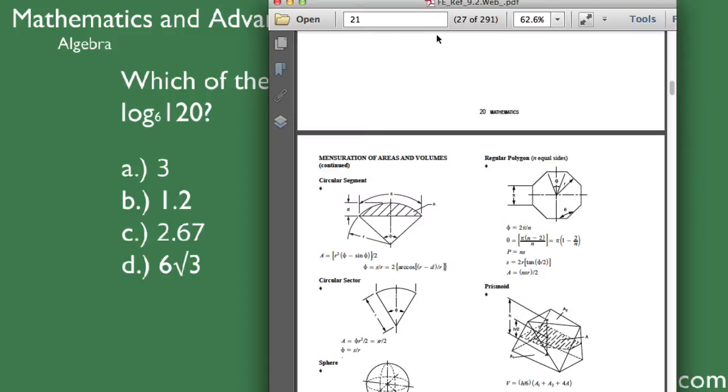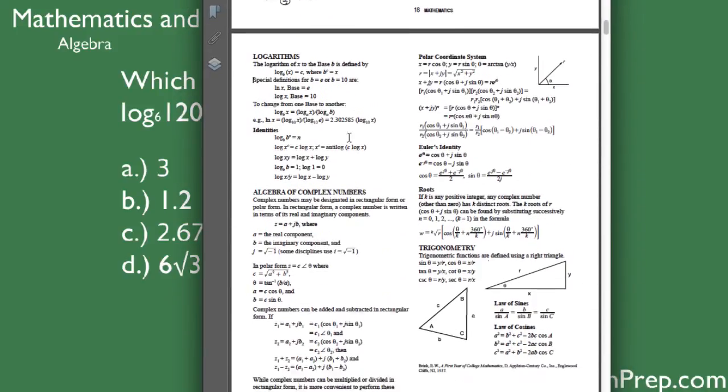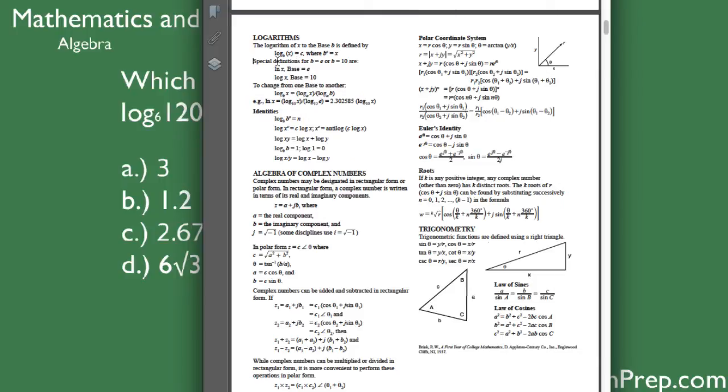If we go to page 19, we are given that formula. The basic format of a logarithm is the log of x with the base of b is equal to c, where b raised to exponent c is equal to x.